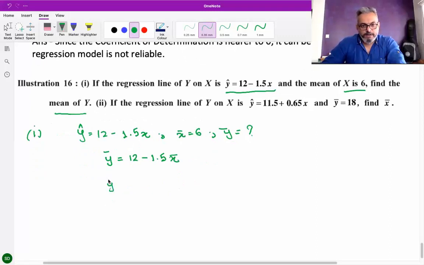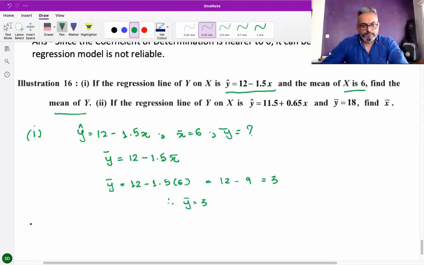So y bar is equal to 12 minus 1.5 into x bar, which is equal to 12 minus 1.5 into 6 is 9, which is equal to 3. Therefore, y bar is equal to 3.